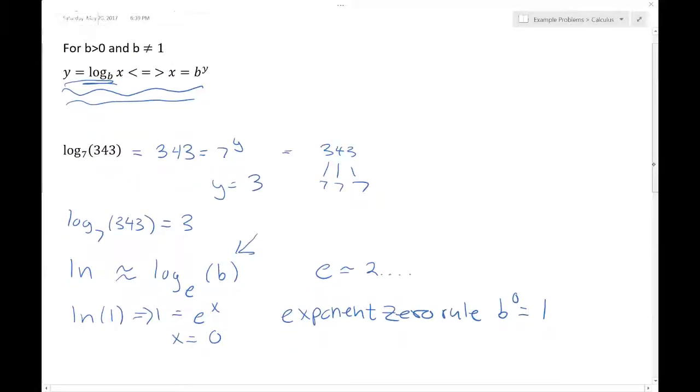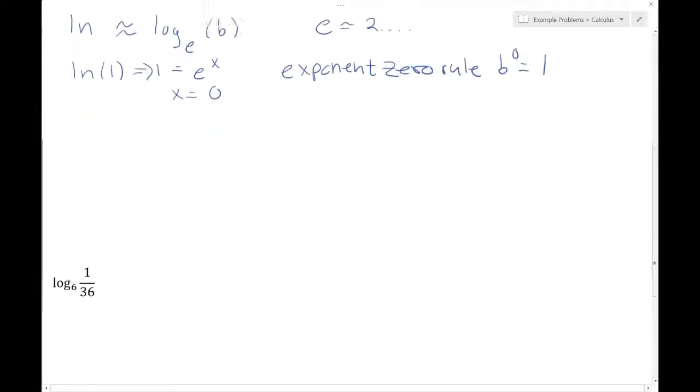So we're going to move on to our next example, which is log base 6 of 1 over 36. With this, we can use the equation up above and convert directly into 1 over 36 is equal to 6 raised to the x. If you factor 36, you end up getting 6 times 6, which we can then plug in by reducing the 36.